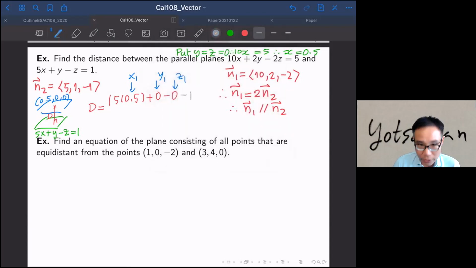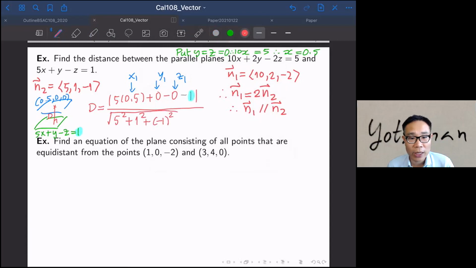The minus 1 here comes from the d that you have here, and on the bottom you would just have the square root of 5 squared plus 1 squared plus negative 1 squared. That comes from the norm of n2.